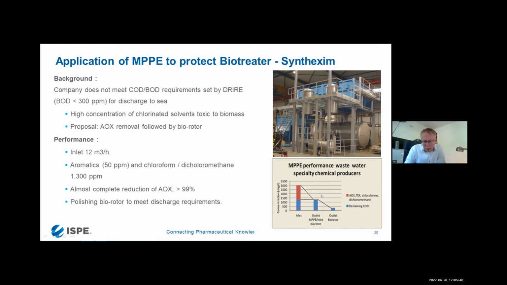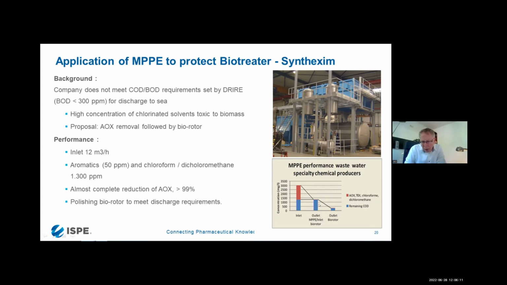Well, in this simple graph, you can see that if you look at the BOD values, they go up to 3000 ppm. But a significant part of it is caused by the chlorinated components, which is depicted with this red part of the BOD content, and that is basically removed in excess of 99%.